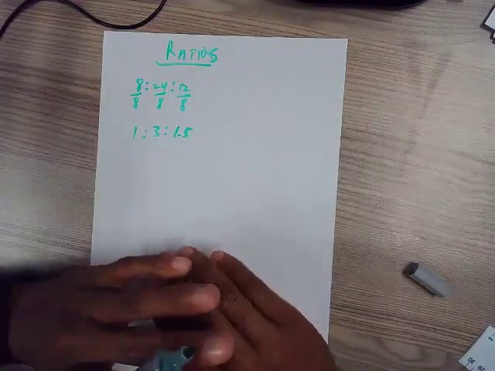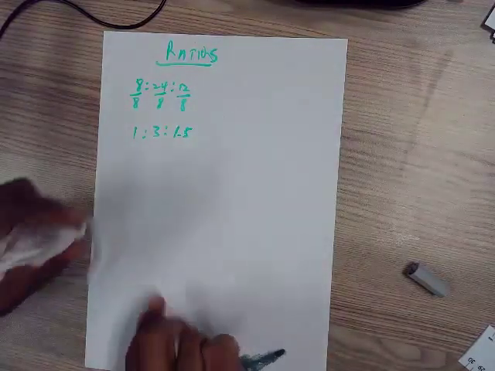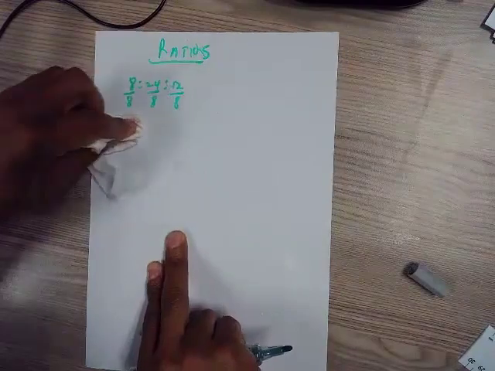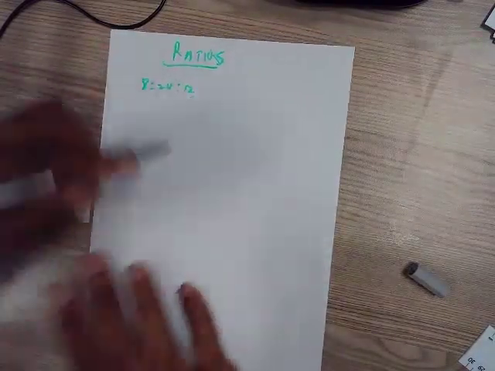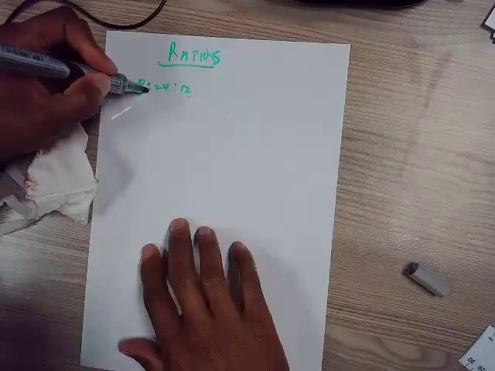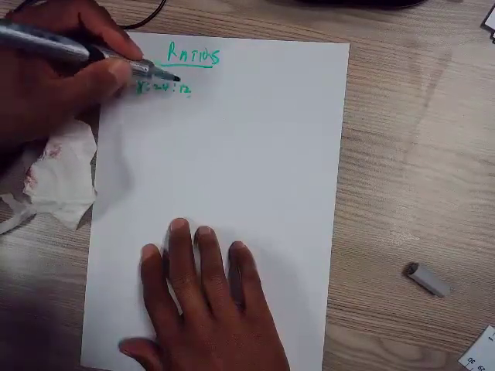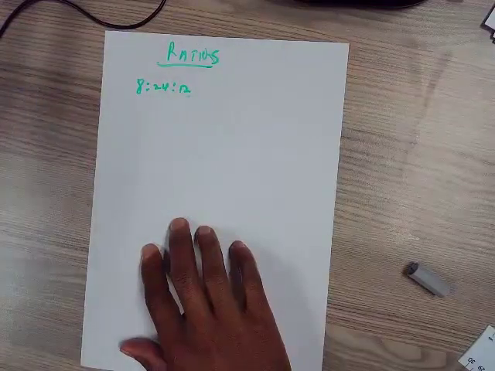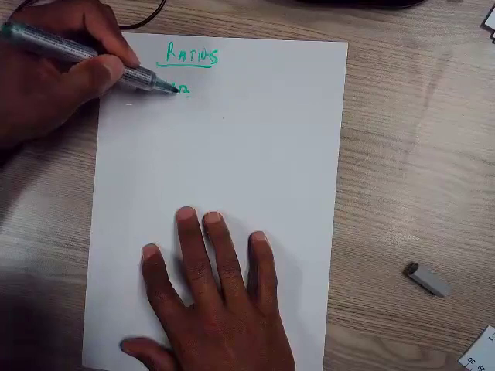So what you should do, in order to avoid the 1.5 and stuff like that, is simplify if the lowest number gives you a comma on one of the numbers. This is what you do. You start simplifying bit by bit.